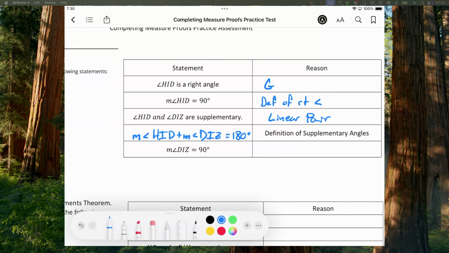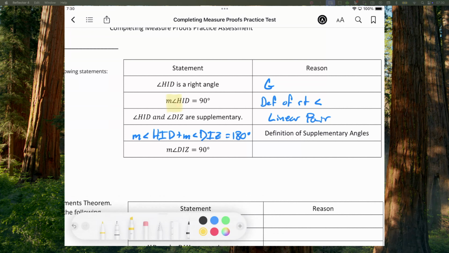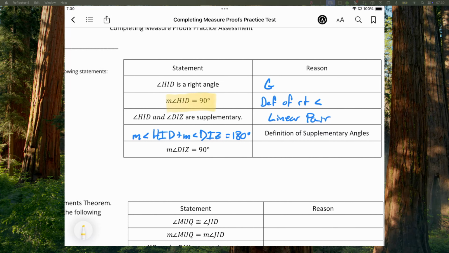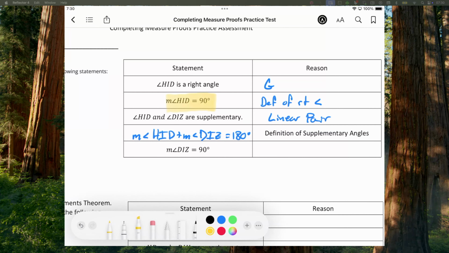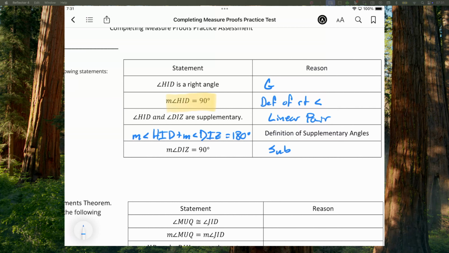And then because HID is 90, we can subtract HID from the left side and 90 from the right side, and that leaves us with DIZ on the left and 90 on the right. That was just subtraction.